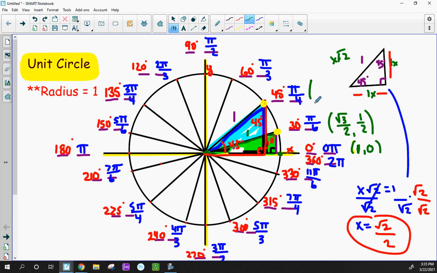And that's why the ordered pair at 45 degrees is square root of 2 over 2, comma, square root of 2 over 2.